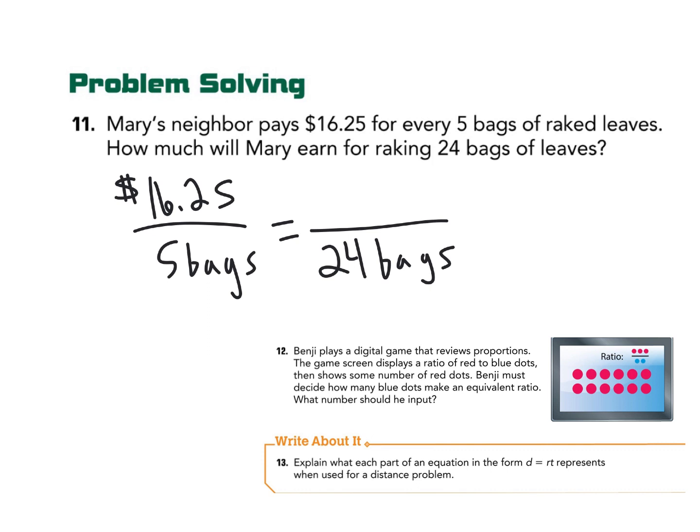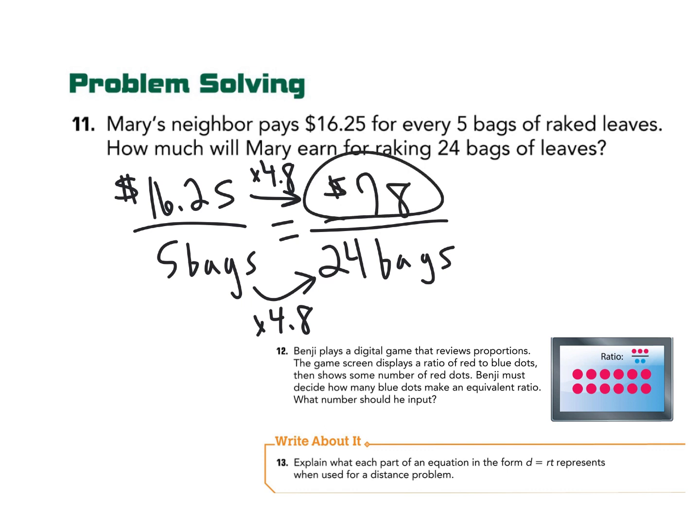So if you do 24 divided by 5, that is 4.8. So this would be multiplying by 4.8. So then 16.25 times 4.8 is 78. So that would be $78 for 24 bags of leaves.